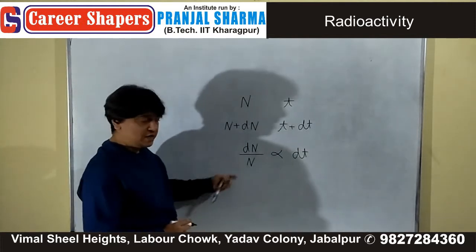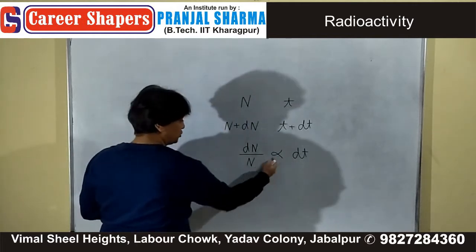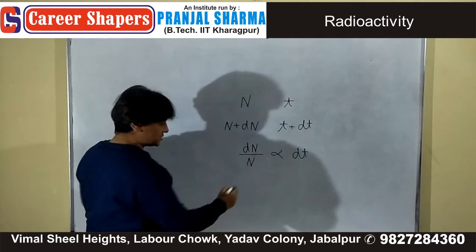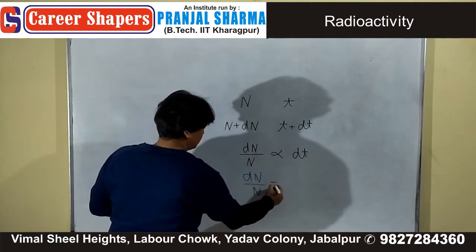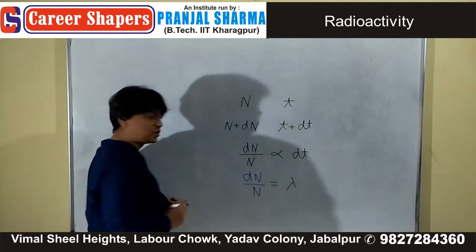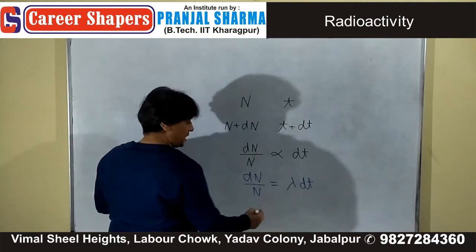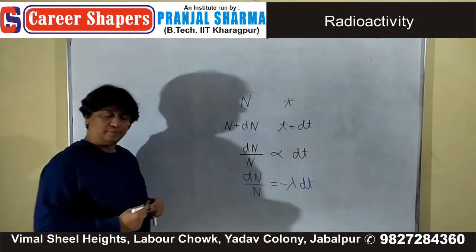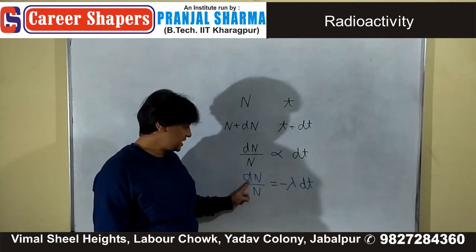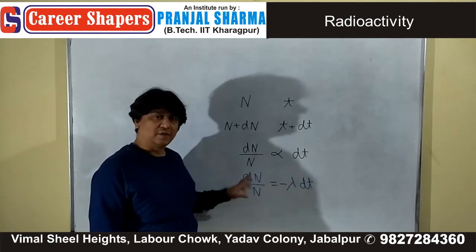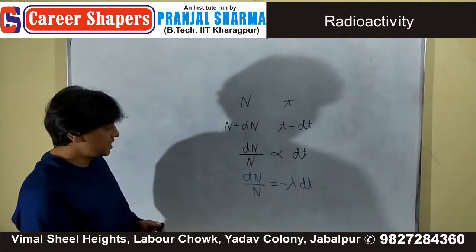Now, once you say this is proportional to dt, when you remove the proportional sign, we use a constant, and we write this constant as lambda multiplied by dt, and now we'll be using a negative sign also. This negative sign is telling you that this dN is negative, that means the number of active nuclides is continuously decreasing.